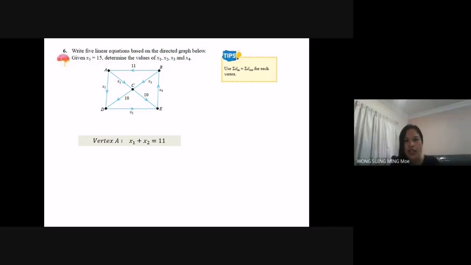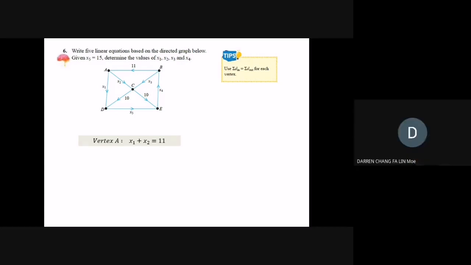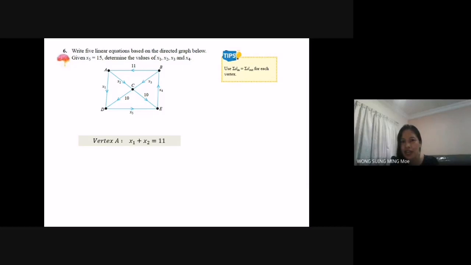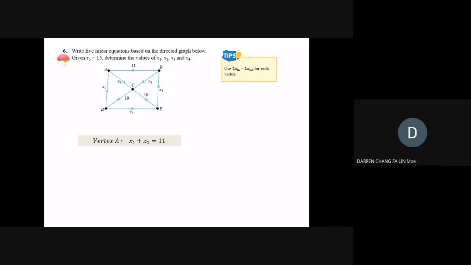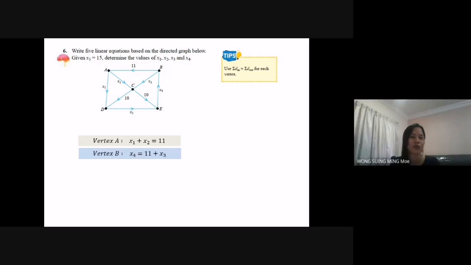All right. So S4, then equal to S3 out, right? Another one out is 11, right? From vertex B here. So how do you write it? S4 equal to S3 plus 11. Clear now? Yes, clear, teacher. Okay, very good.